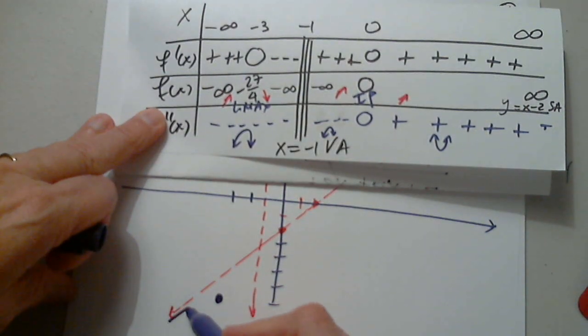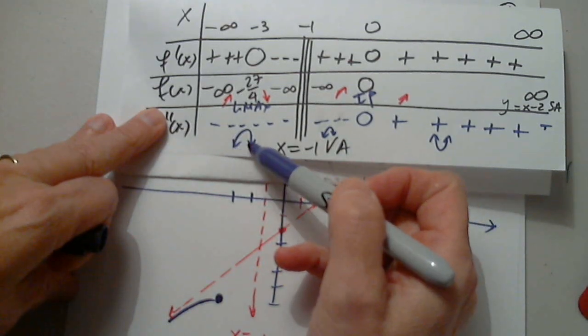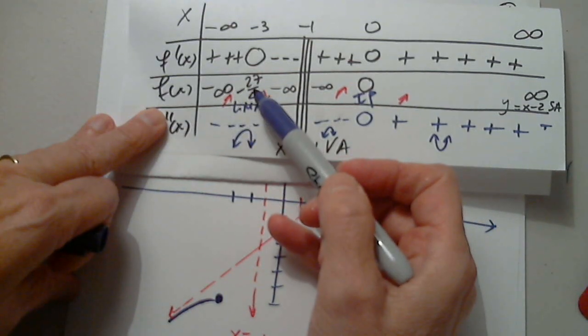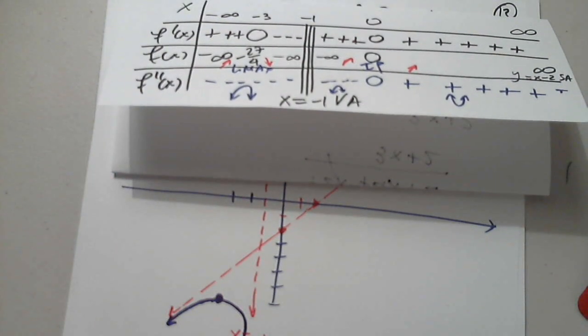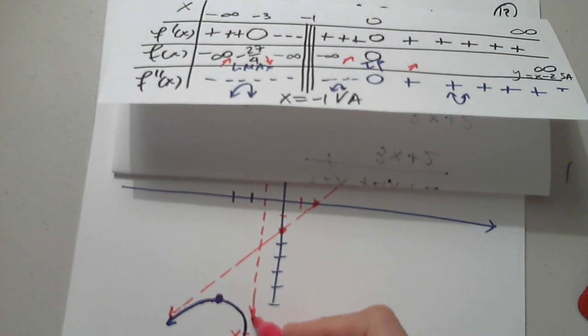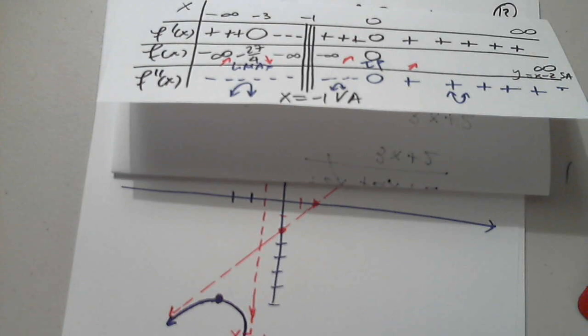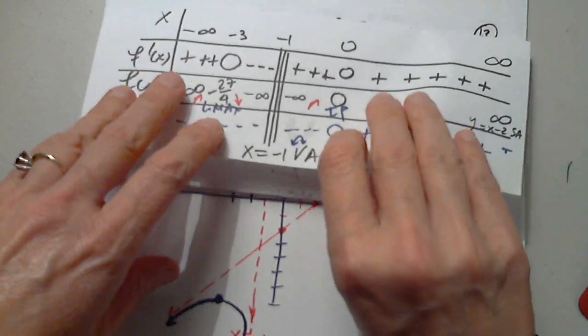From -infinity, opening down, increasing to the maximum, and reaches the maximum, and it comes back asymptotically closer and closer to the corresponding vertical asymptote. Very clear. First piece is done.